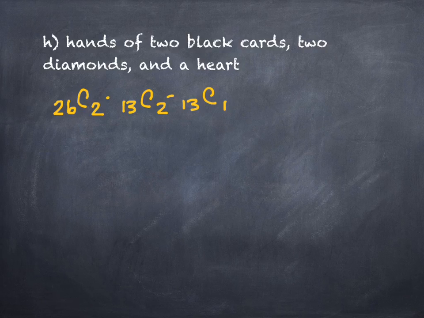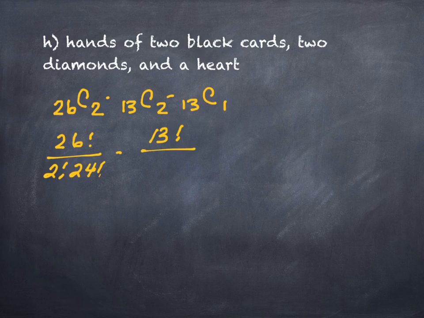So we're going to do 26 factorial over what? Good, thank you. 2 factorial, 24 factorial. How about the 13C2? 13 on top and then what? Great. 2 factorial, 11 factorial. And then we can use the fact that we now know that anytime we have a number C1, it's the same number, so that's 13.